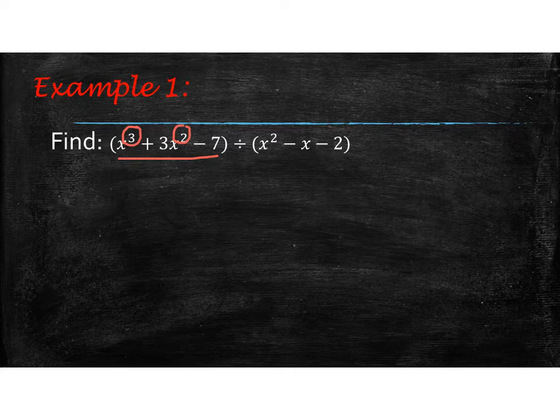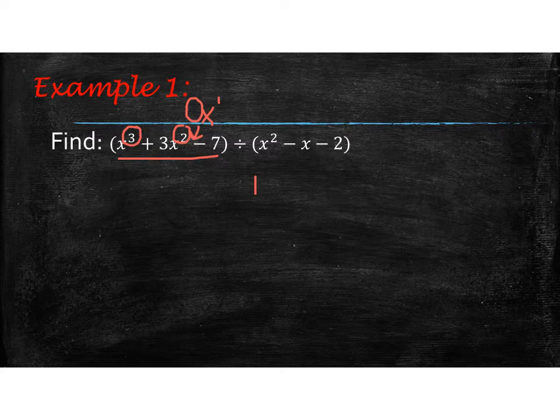We're missing an x with the power of 1. And so what you're going to have to do is put that 0 times x to the power of 1 in place there before you put the minus 7. And that's going to keep all of your terms in consecutive order, and you're not going to have anything mess up.